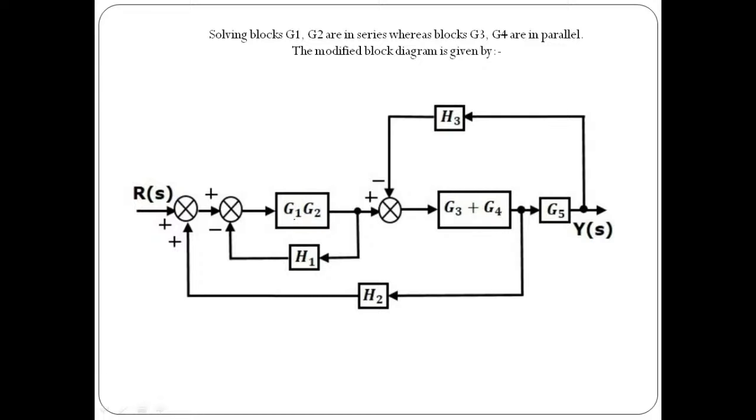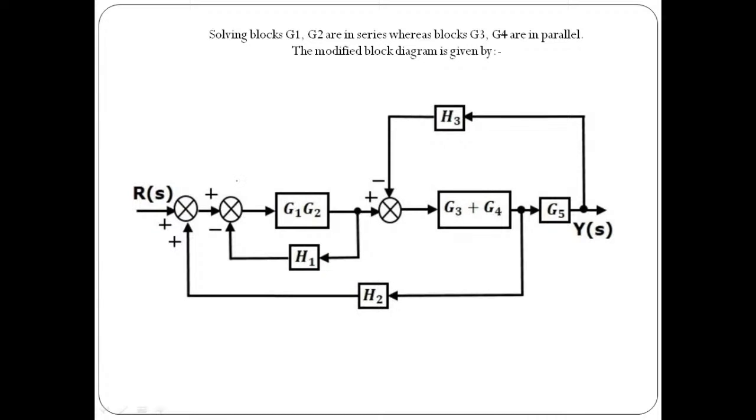So here previously G1 and G2 are in series. Now we apply rule number 1 and club them into a single block of gain G1 into G2. And here we have two blocks connected in parallel. We apply rule number 2 to represent them by the expression G3 plus G4.